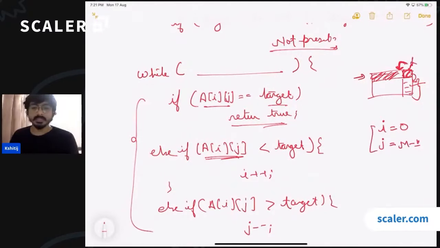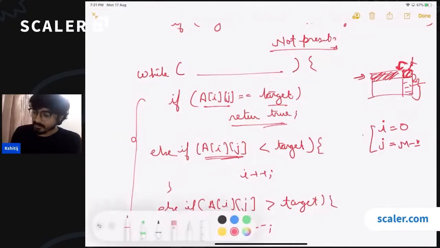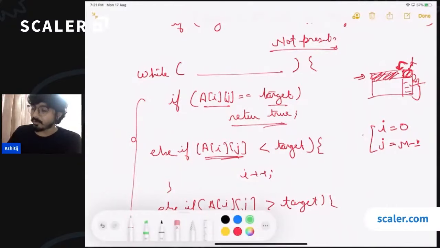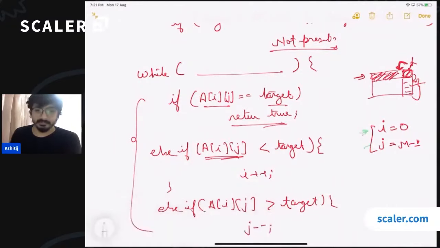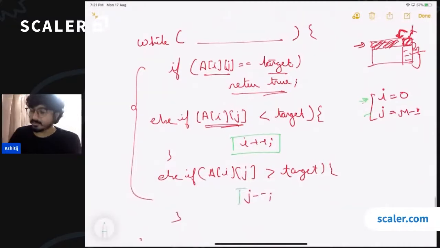Now what should be the restriction, or what should be the boundary where we can go? You can also pay attention to how we are changing these variables, right? I is always getting incremented, j is always getting decremented. I is currently at the smallest possible value, which is 0. J is currently at the largest possible value, right?